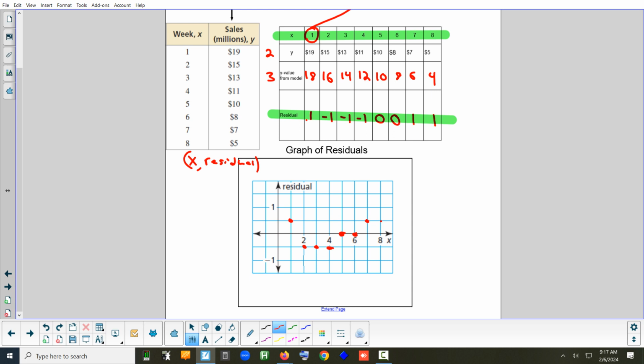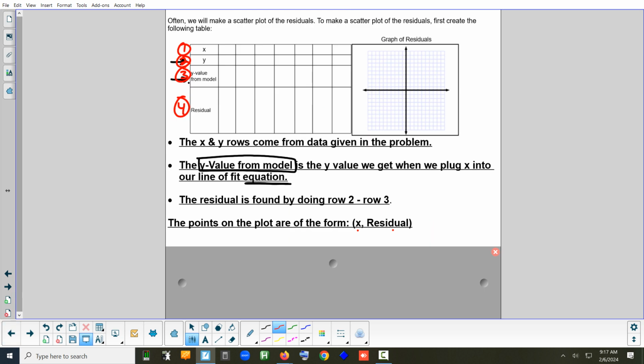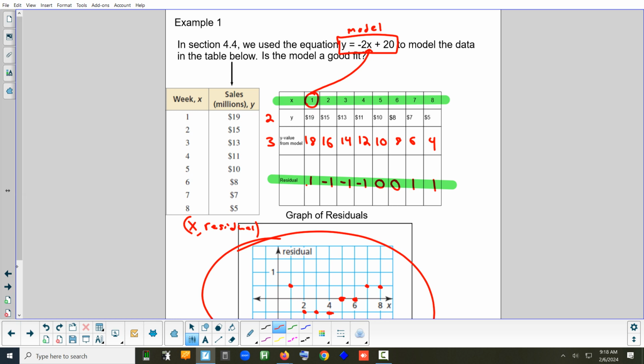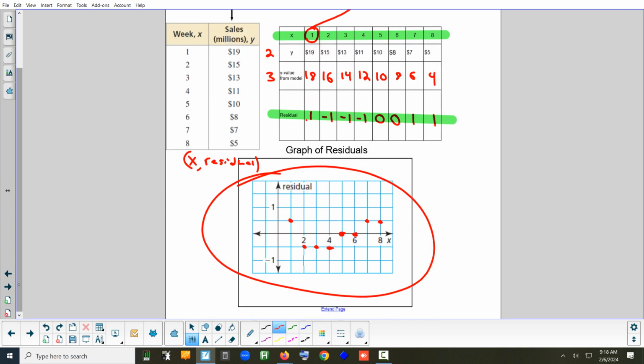8, 1. So what this graph is showing you is how good your line is. What you're looking for is that if your model is a good fit, you should have about the same number of residuals above and below your horizontal line. How many red dots are above the horizontal? 3.